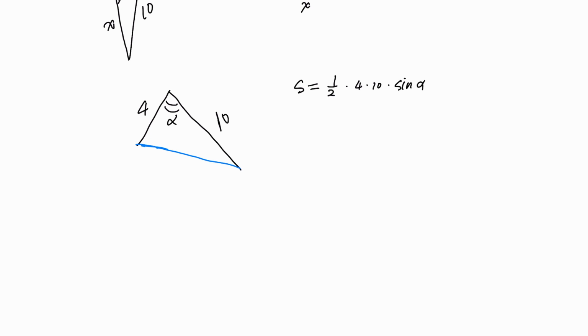Now, if we have 4, 10, they definitely have an angle that they are inscribing. Let's take this angle to be theta, or alpha, I mean. If I have one side opposite to it, then the area of the triangle S is equal to 1/2 A times B times sine C, in this case sine alpha.